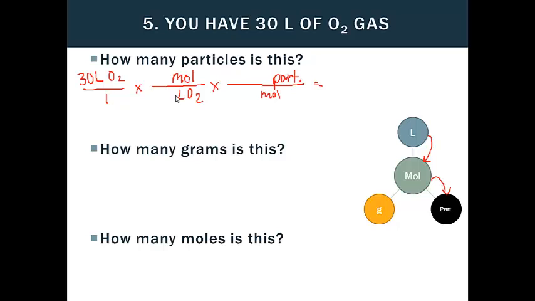For moles and liters, 1 mole is 22.4 liters, and 1 mole is 6.02 times 10 to the 23rd particles. So whenever we solve this, liters cancels liters, moles cancels moles. So my answer is going to be 8.06 times 10 to the 23rd particles.